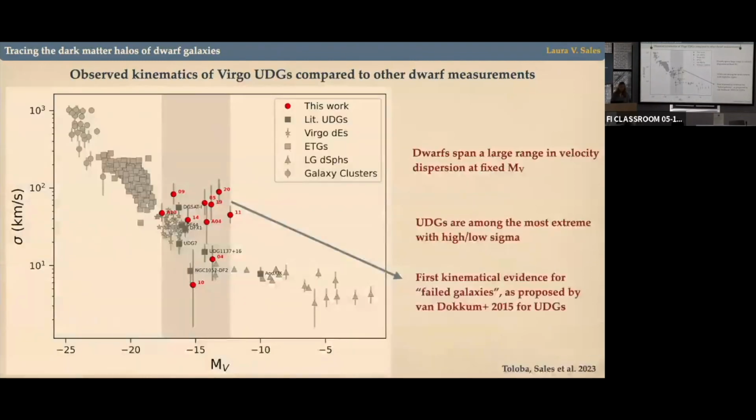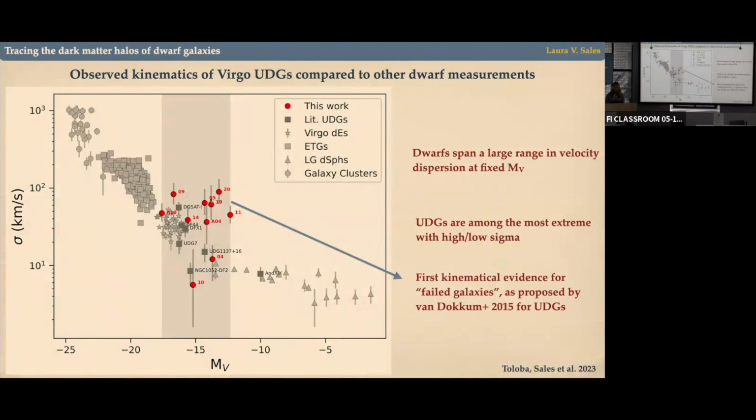We extended that to all the UDGs in Virgo that we could target with enough globular clusters, and that's work by Elisa Toloba, presented earlier this year. And what you can see is quite exciting, actually. This is velocity dispersion, projected, as a function of magnitude. Our UDGs were in this area, marked in gray.